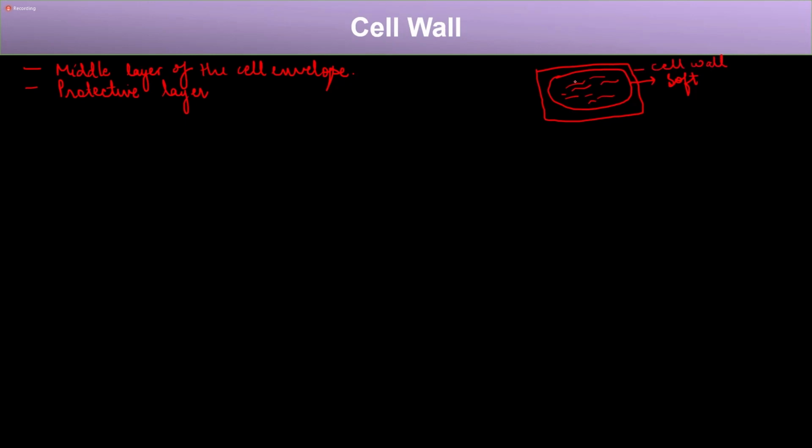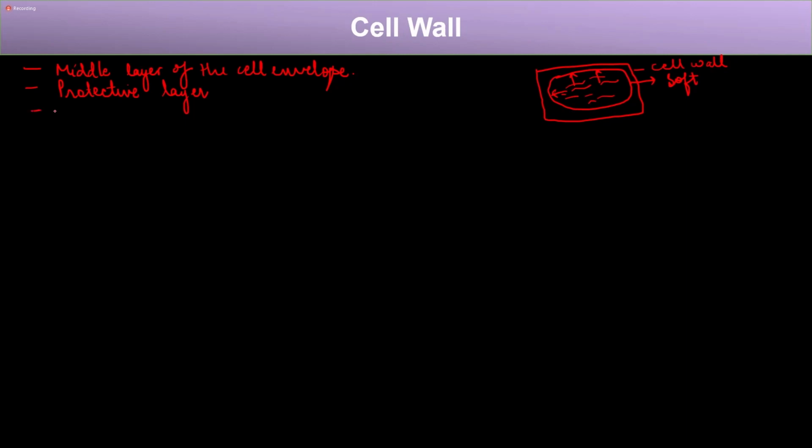Because the cytoplasm mainly consists of water, it can exert pressure on the wall of the plasma membrane, right? Once it exerts pressure, because the plasma membrane is soft in nature, its shape will distort, right? But these cell walls are hard, so they prevent the distortion of the cell shape.